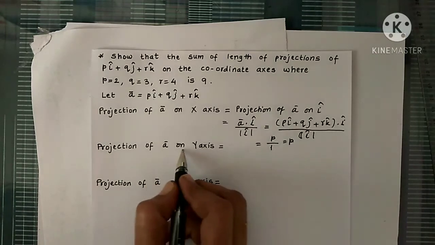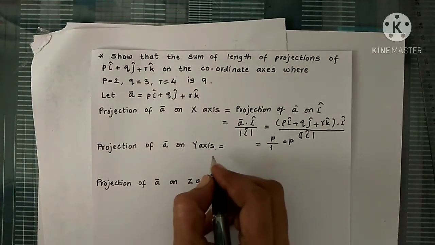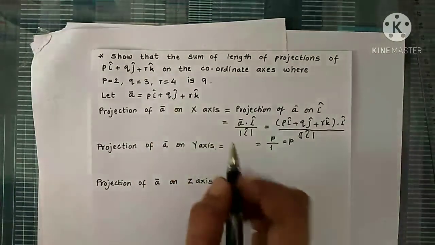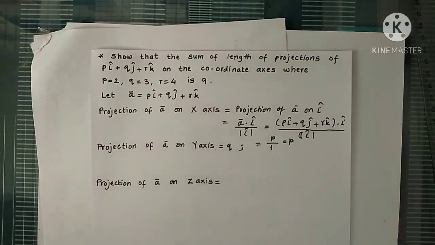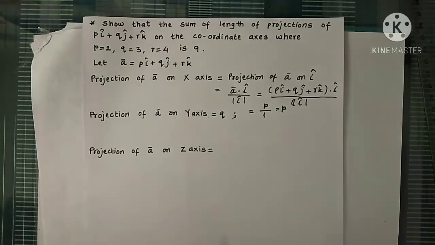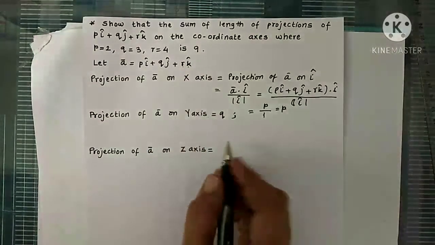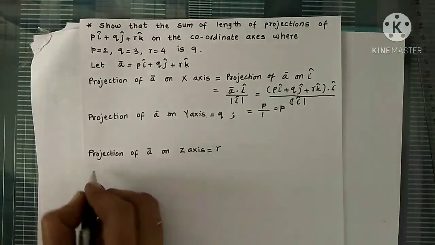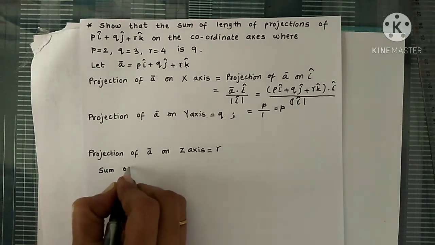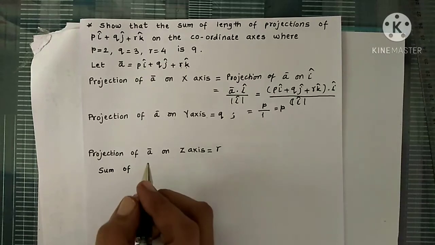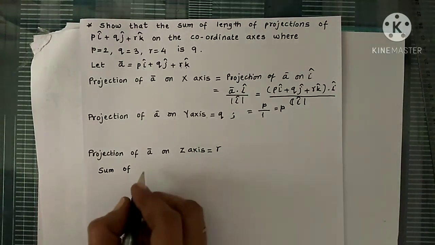Similarly, projection of A bar on y axis equals coefficient of j cap, that is Q. And projection of A bar on z axis is coefficient of k cap, that is R. So sum of the projections. As only the word projection is used here, we are considering scalar projection.